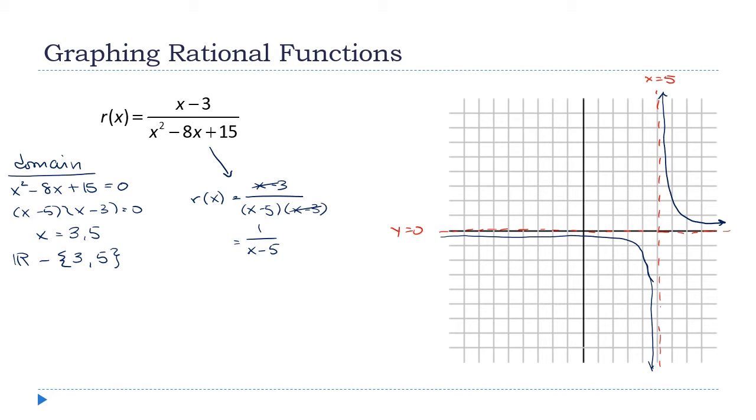Well, we put a little open circle there. So I'm going to put an open circle here at 3, and I'm going to fill that in so it really looks filled in. There you go. And that's what my graph looks like. That's how we indicate a point that is not in the domain, but that is still not a vertical asymptote.